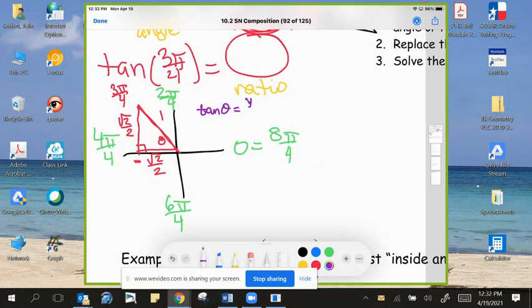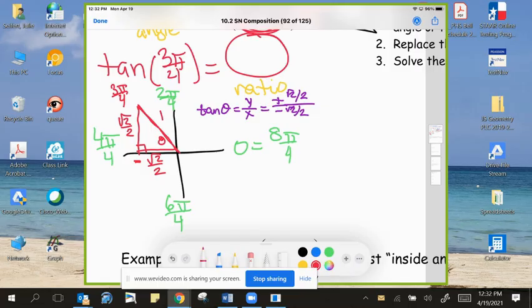You can think y over x. That y and that x are the same number, but with different signs, correct? So we'll have a plus over a minus, positive root 2 over 2 over negative root 2 over 2.